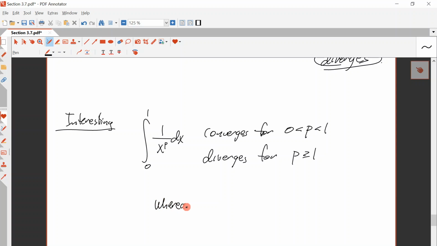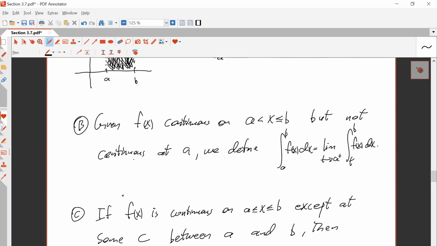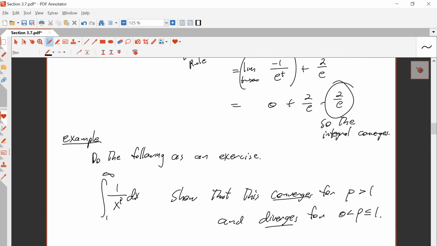So let me copy it and paste it there just for comparison. Got it up here somewhere. There it is.